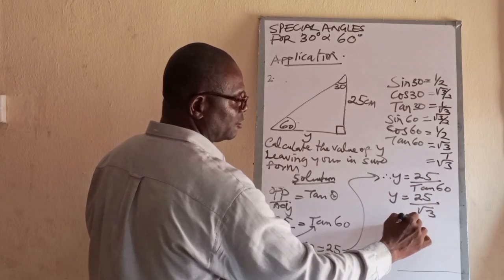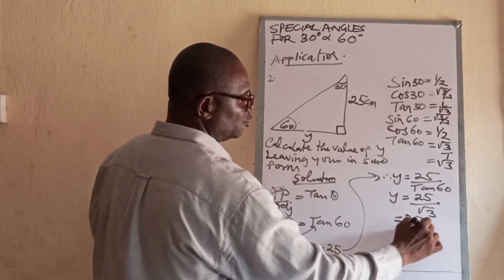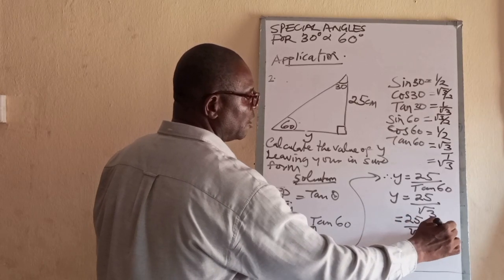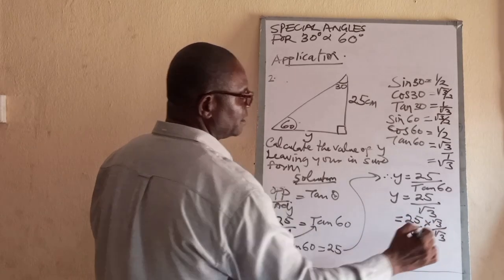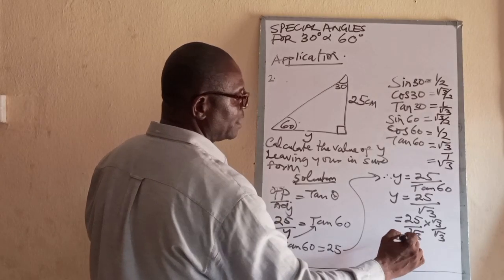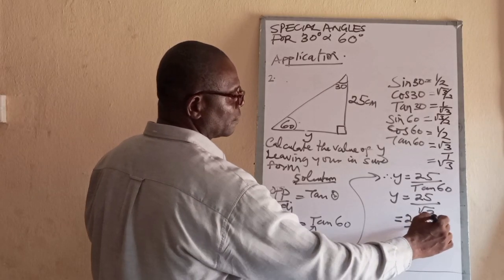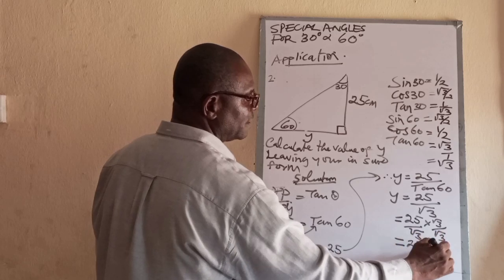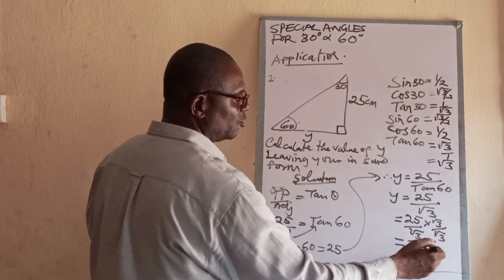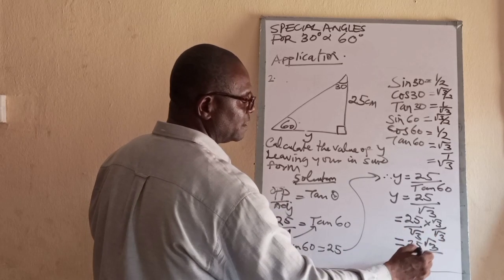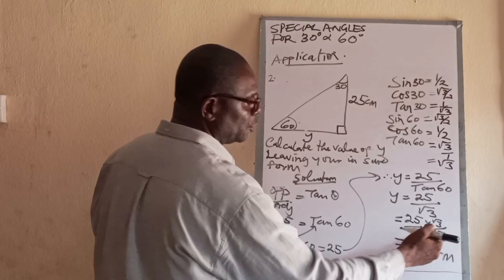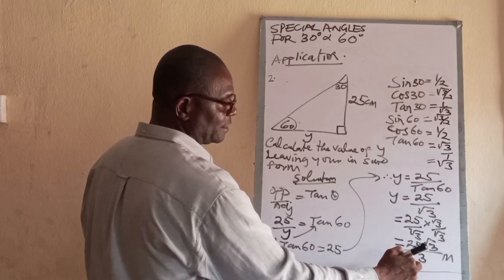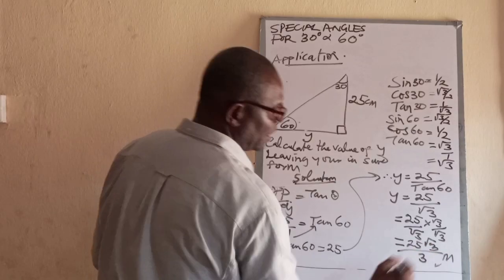But it's supposed to be 25 over root 3 times root 3 over root 3. So that means 25 root 3, and root 3 by root 3 will give you root 9, and the square root of 9 is 3. So this is our answer.